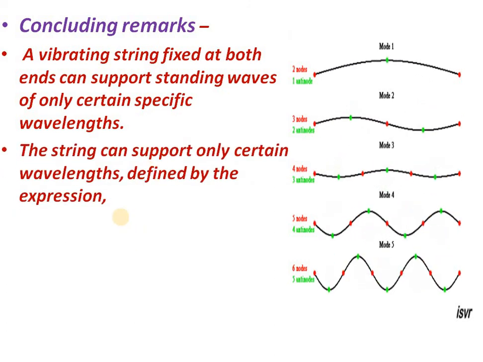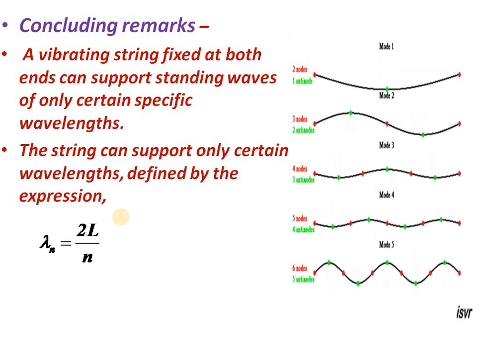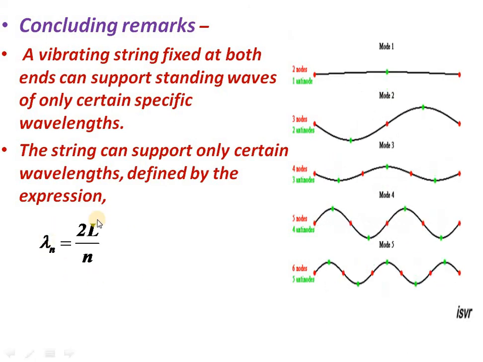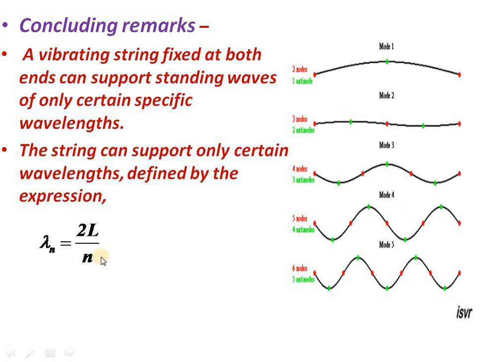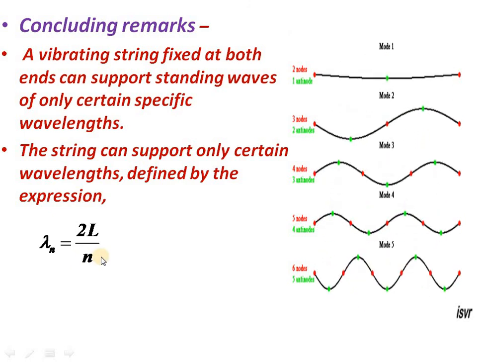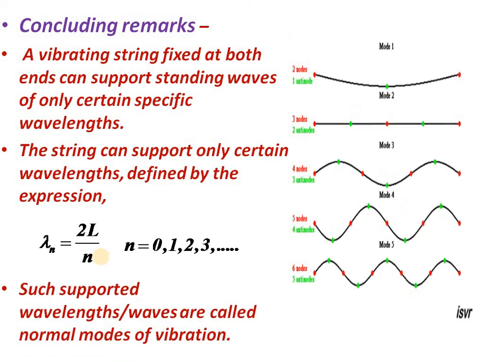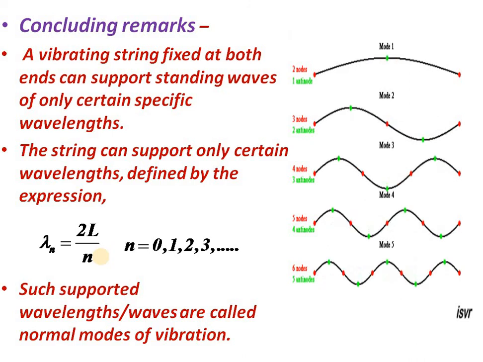The string can support only certain wavelengths defined by the expression, so all the vibrations follow this fundamental rule. The length is very important, and the mode number n equals 1, 2, 3, etc. is also very important. Such supported waves are called normal modes of vibration.